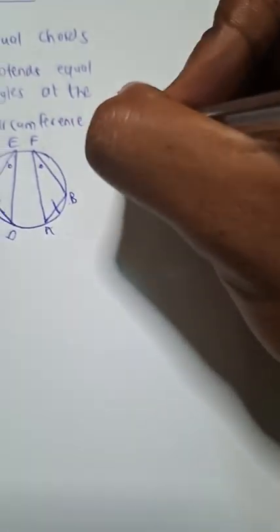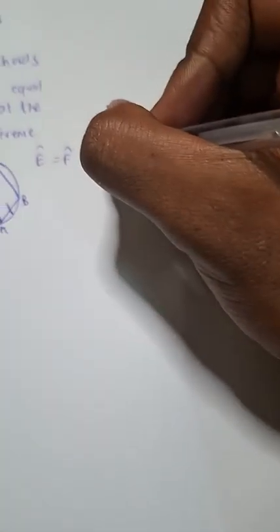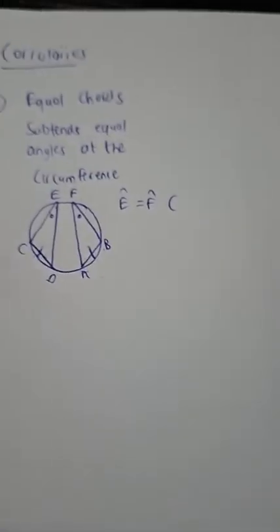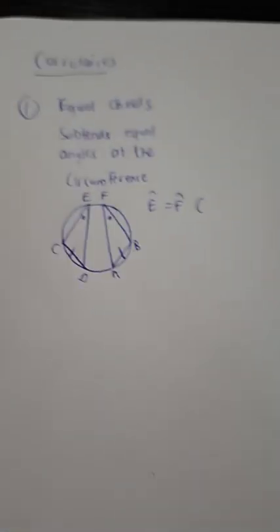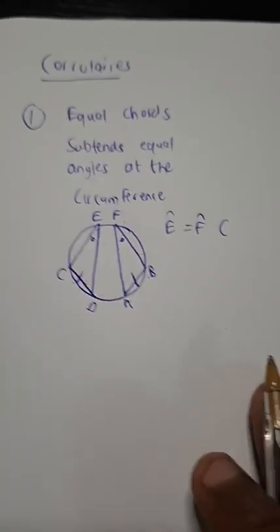So here we can conclude that angle E is equal to angle F. And the reason is equal chords, equal angles. This is an important corollary that we need to know.